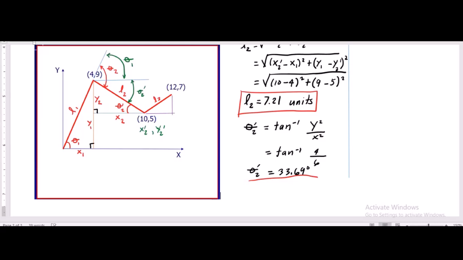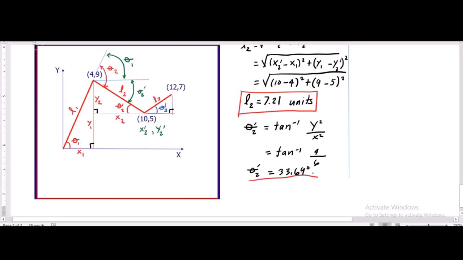And this triangle is a right triangle. Then here, we need to solve for the included angle. So the included angle here is called theta 3 prime. That's theta 3 prime.